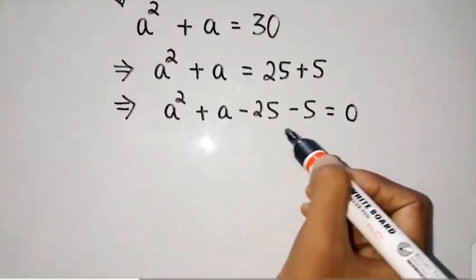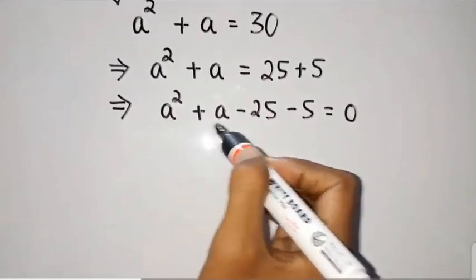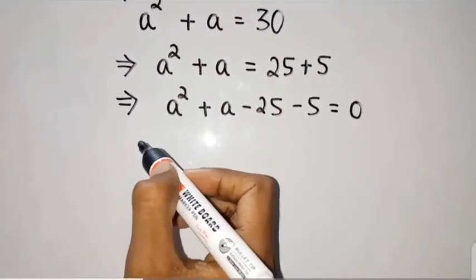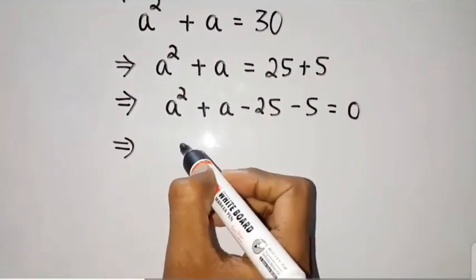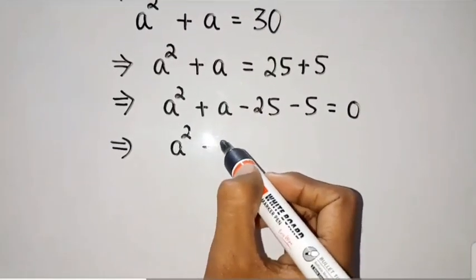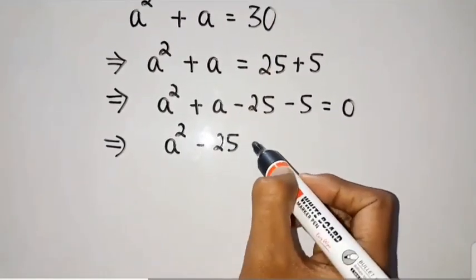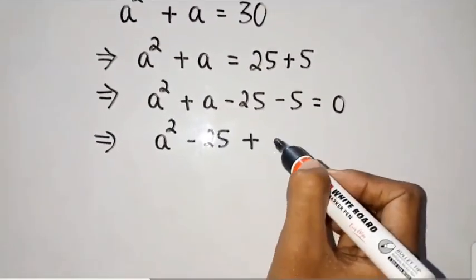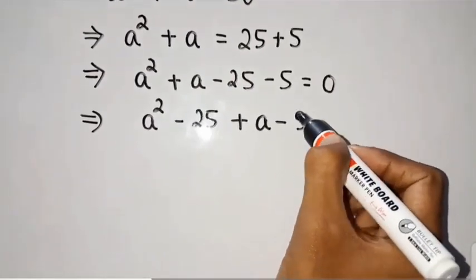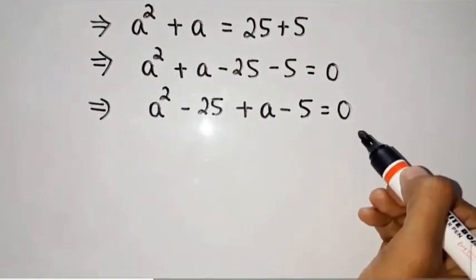Then we can pair 25 with a square and 5 with a. That means a square minus 25 plus a minus 5. We can make these pairs.